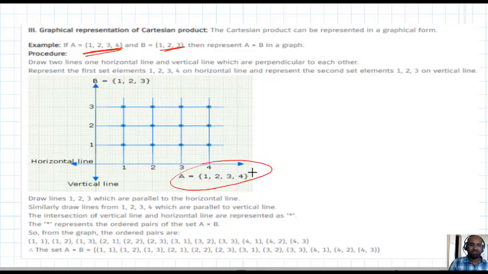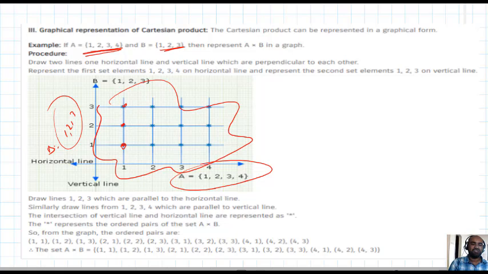A is taken as 1, 2, 3, 4, and here 1, 2, 3 elements are taken in B. I should actually write B equals {1, 2, 3}. After that, the grid: the ordered pairs are (1, 1), (1, 2), (2, 1). After that you can say that this is the graphical representation of A cross B.